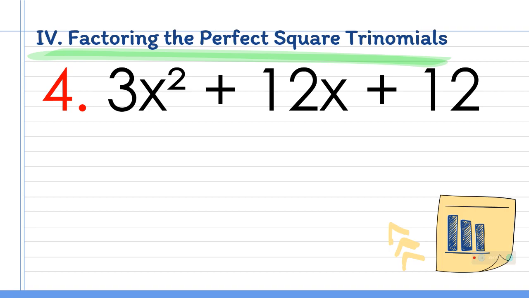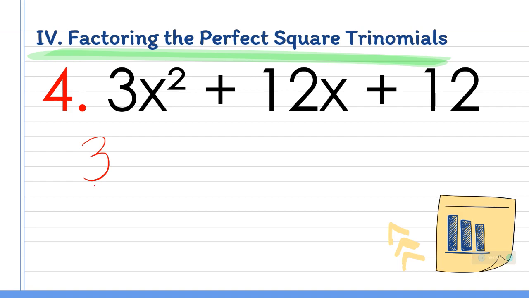So let us have 3, 12, and 12. What do you think is the GCF of 3, 12, and 12? You're right. So the GCF is 3. And then x. Is x a common variable on all the terms of the given polynomial? Correct. So it is not common.